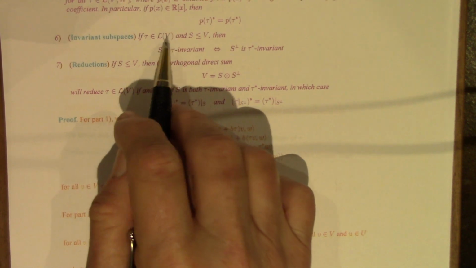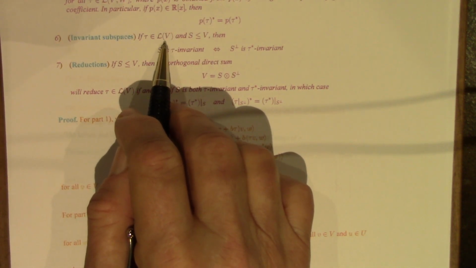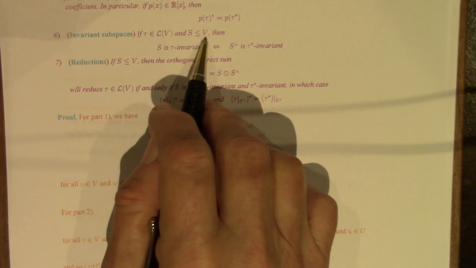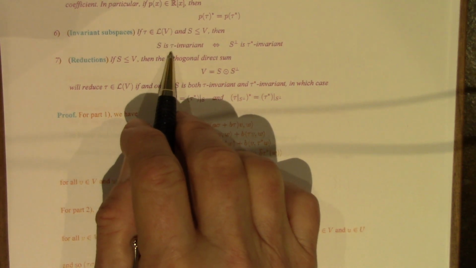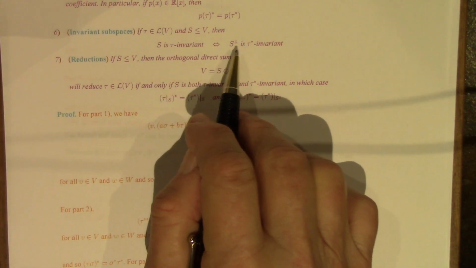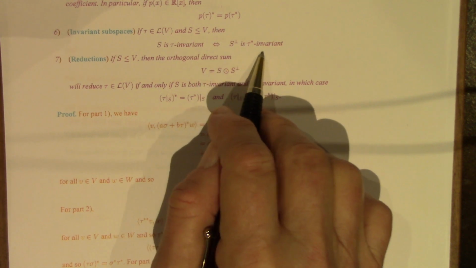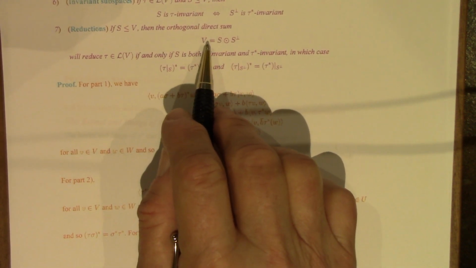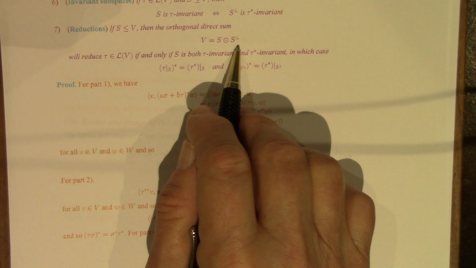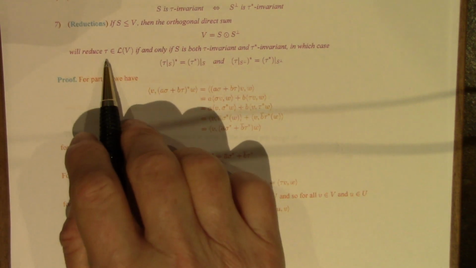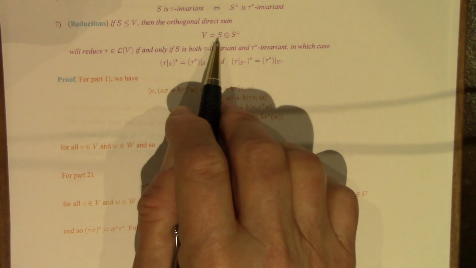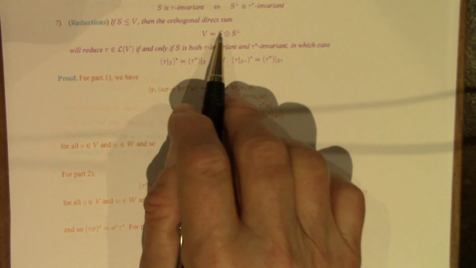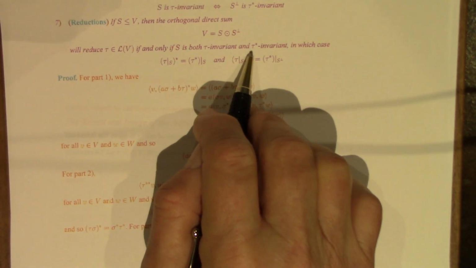Two more that are important that relate to invariance. If tau is a linear operator on V and S is a subspace, S is tau invariant if and only if its orthogonal complement is tau star invariant. And as to reductions, if you have an orthogonal direct sum, this will reduce tau if and only if S is both tau invariant and tau star invariant.